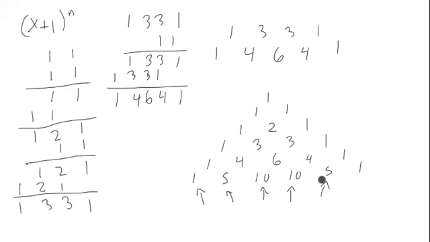They're the coefficients of this binomial raised to a power. They take on a special notation or name. So if we think about x plus 1, maybe to the 5th power, the coefficient that goes in front of the x cubed, we notate like this, 5, and we say choose 3.